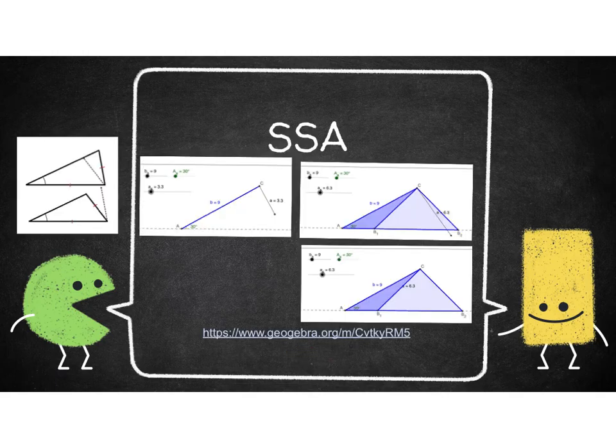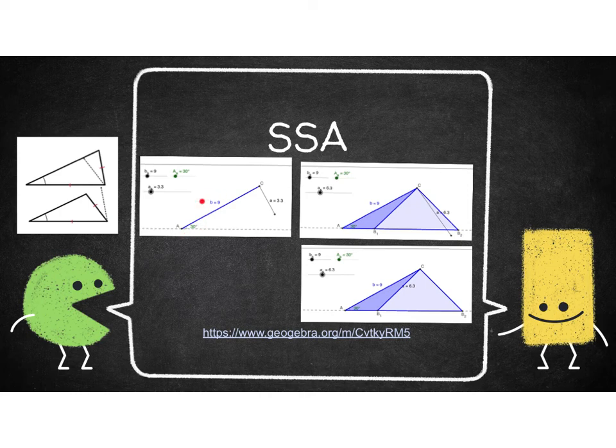Okay, let's take a look now at side, side, angle. So again, there's a GeoGebra that shows you this in real time. I would highly encourage you to click on the link and look at how this works in GeoGebra. I'm going to show you through these pictures what it shows on the GeoGebra. So we're going to start with this one. And remember, for side, side, angle, we have two sides and the non-included angle. So this angle here is going to stay at 30 degrees the whole time.